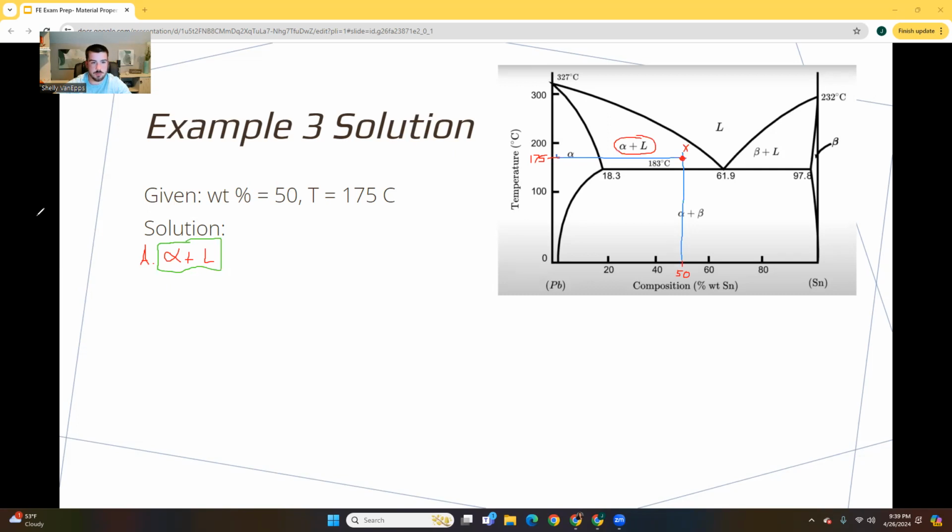Now we want to find the actual weight composition of our phases, so we want to find alpha and our liquid. What we will do is go back into the cheat sheet.